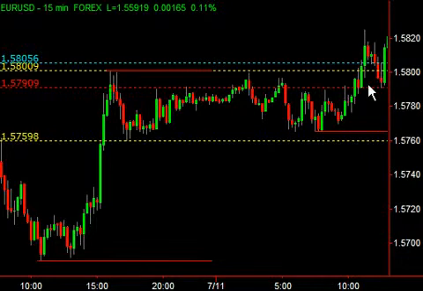For a target, what I'm looking for in an ideal situation is a movement to an average day's move. Now, as I've said, an average day's move on EUR/USD at the moment, at the time of this recording, is about 150 points. All I'm doing is adding 150 to the low of the day. The low of the day is 157.65, so I'm just adding 150 points to the low of the day, and that gives me a projected target based on an average day's move.